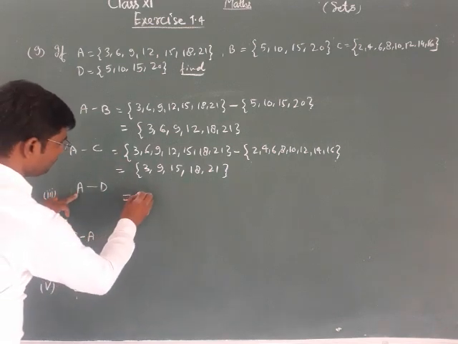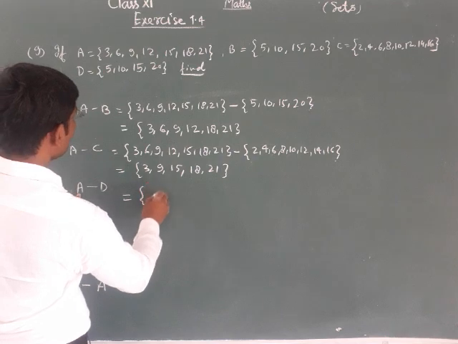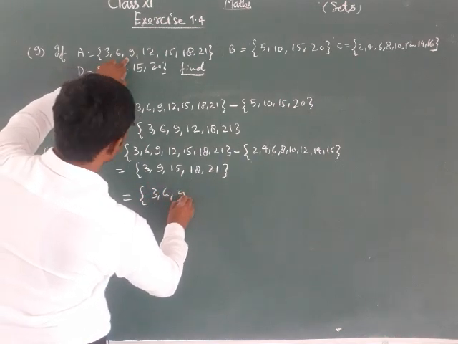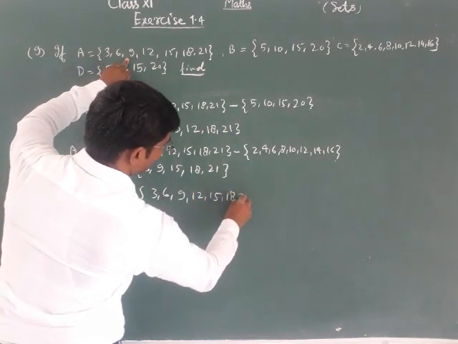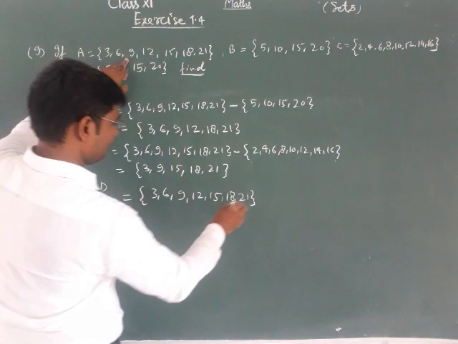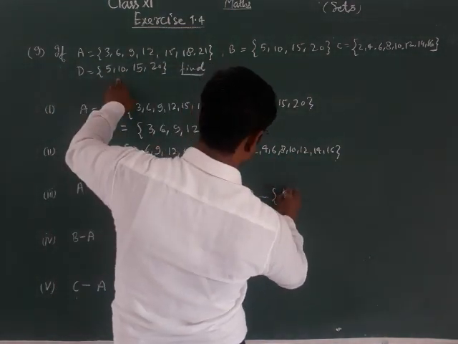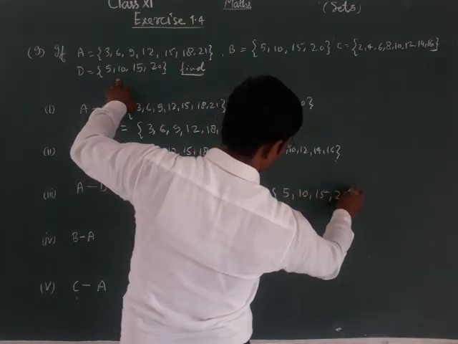And A minus D. A has elements 3, 6, 9, 12, 15, 18, 21 and D has elements 5, 10, 15 and 20.